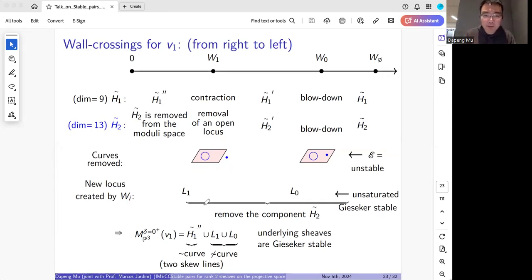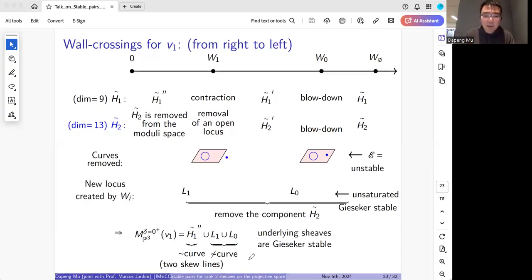Okay, so there are two more things. Up to W1, so when you cross W0 and W1, up to this point, this component H2 tilde is completely removed, but you have this H1, so part of it survived. So finally, your moduli space, this fiber Gieseker moduli, consists of these three parts: H1 double prime, L1 and L0.